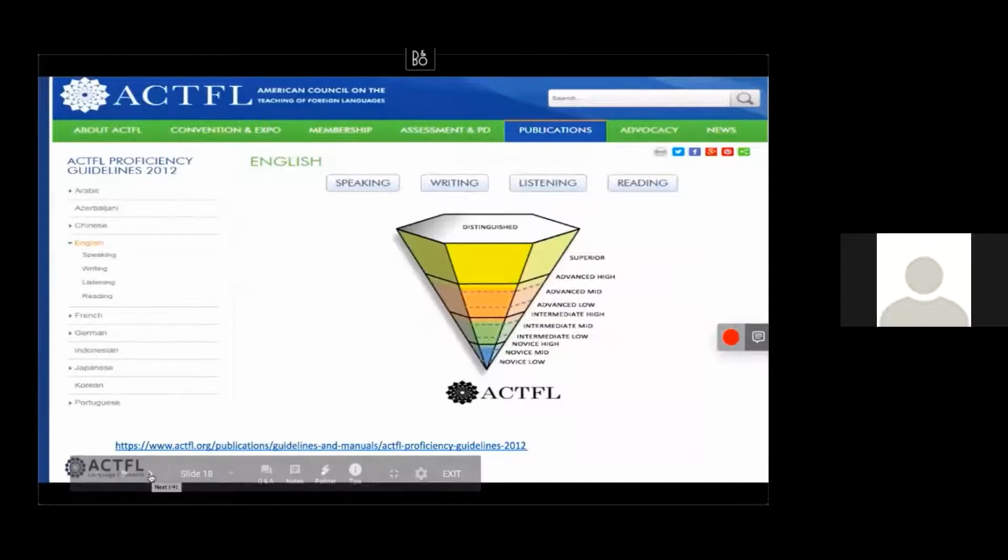In 2012, a level of distinguished was added above the level of superior. All of the levels, novice, intermediate, and advanced, are also then subdivided into low, mid, and high for better reporting and articulation.